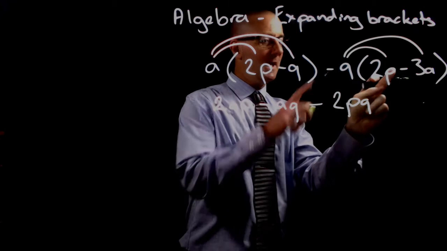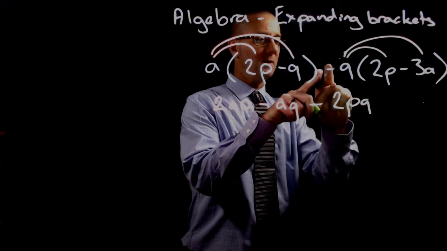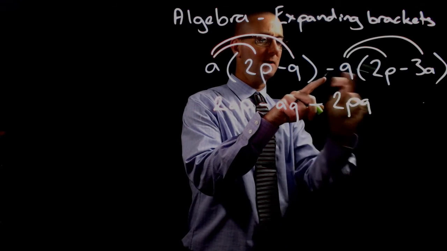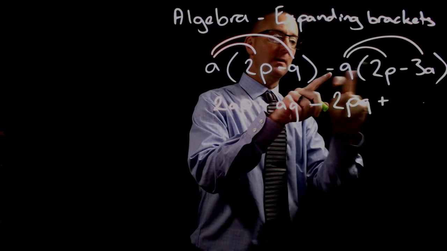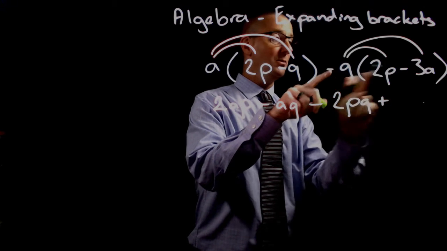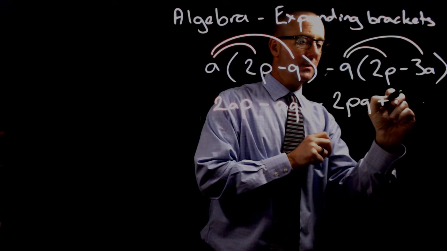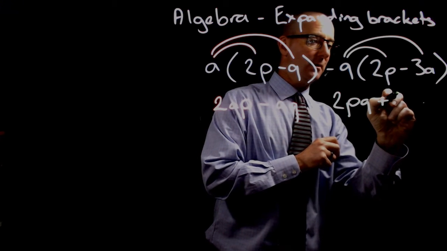Then we've got a negative times a negative, so our second term in this second set of brackets is going to end up being positive. A negative q times negative 3a is going to give us plus 3aq.